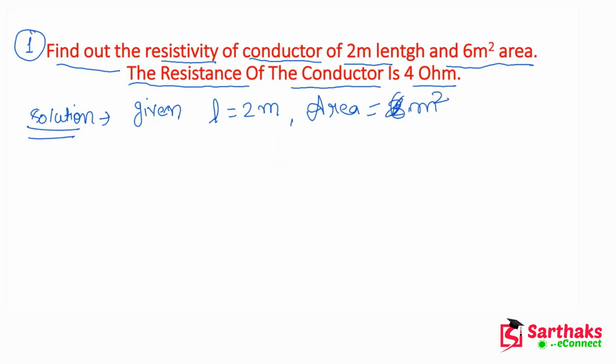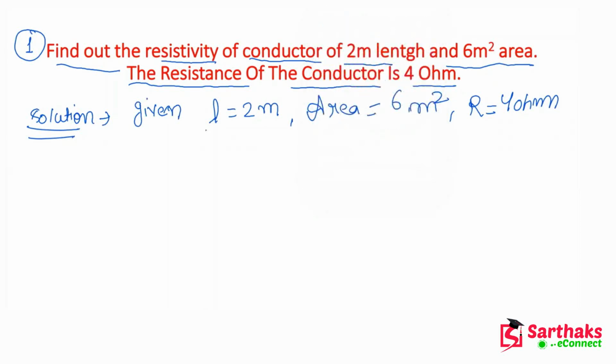Now we also have to write down the value of resistance, because in the last lines you can see that the resistance of the conductor is 4 ohm. So I can write it 4 ohm here.